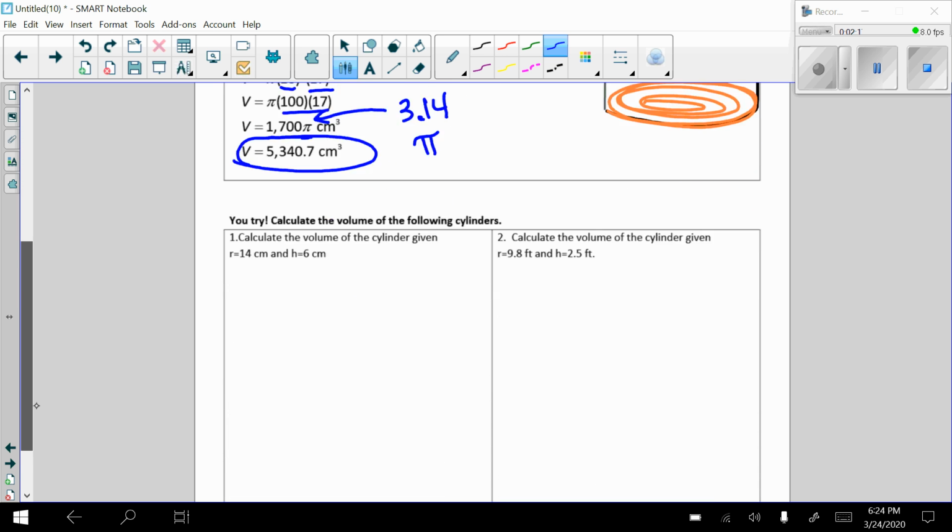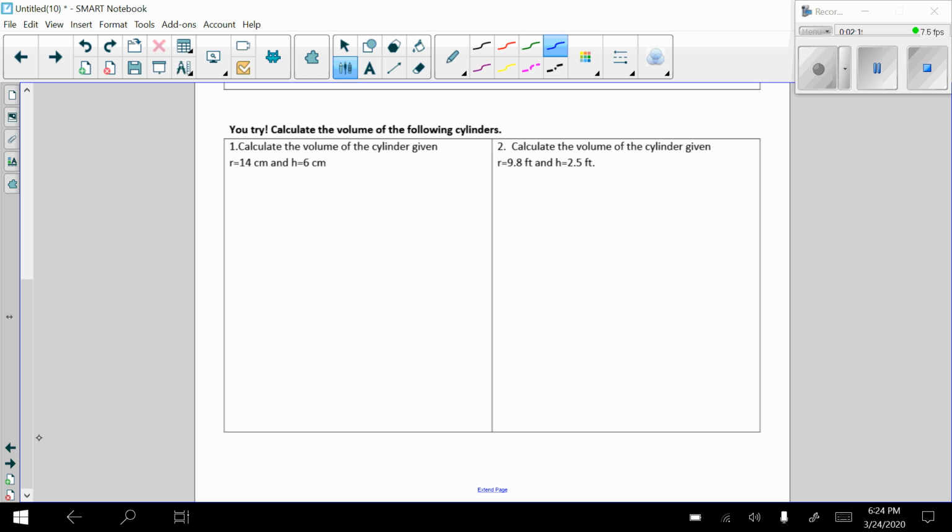So let's go ahead and work out number 1 together. Calculate the volume of the cylinder. Automatically we write our formula out: volume equals pi r squared h, and make sure you write that because I want to see that. Now we're going to substitute in. Volume equals, we don't touch the pi, we put 14 in for our radius, and we put 6 in for the height.